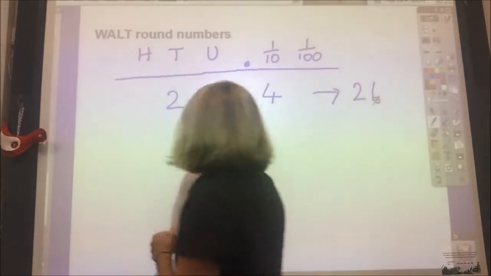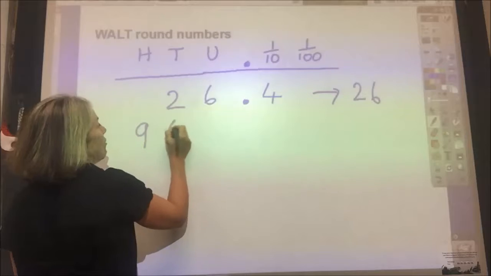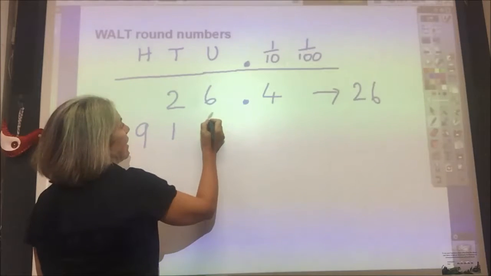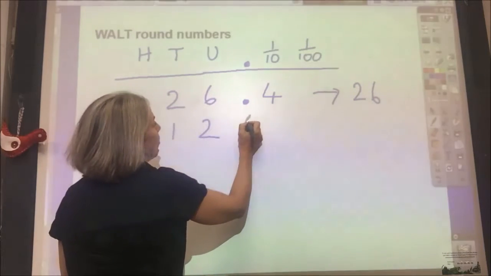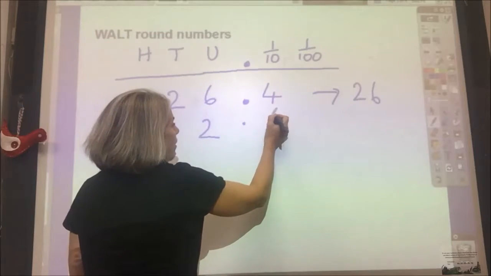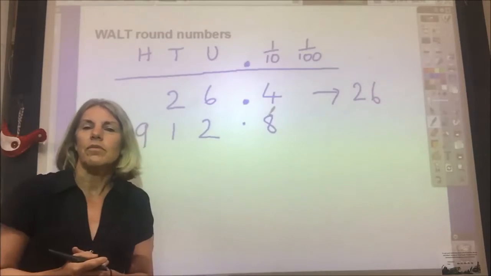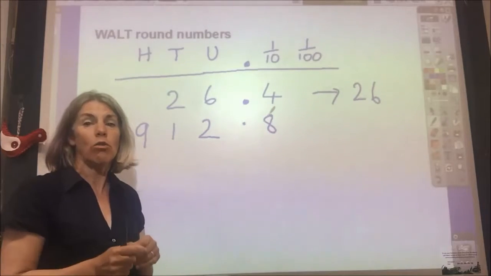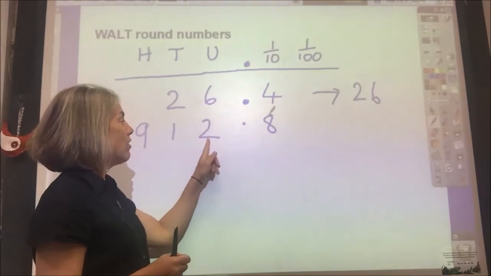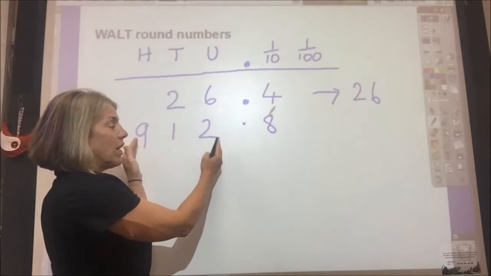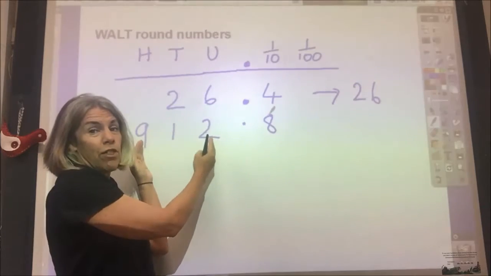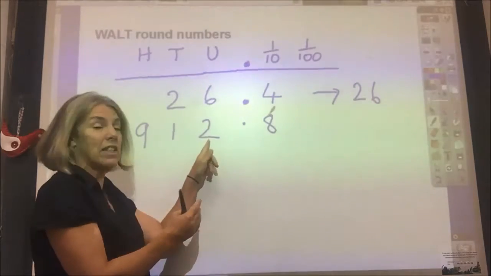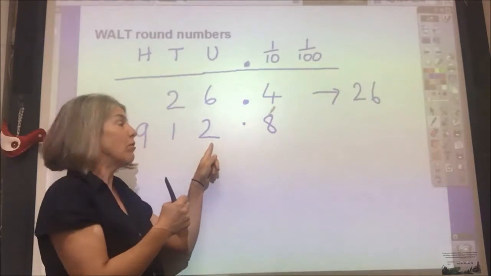Okay, let's take another one. We've got 912.8. So 912.8 rounded to the nearest whole number. So we're looking at the unit, we're saying, is this closer to 912 or 913? We're rounding to the nearest unit or nearest whole number.